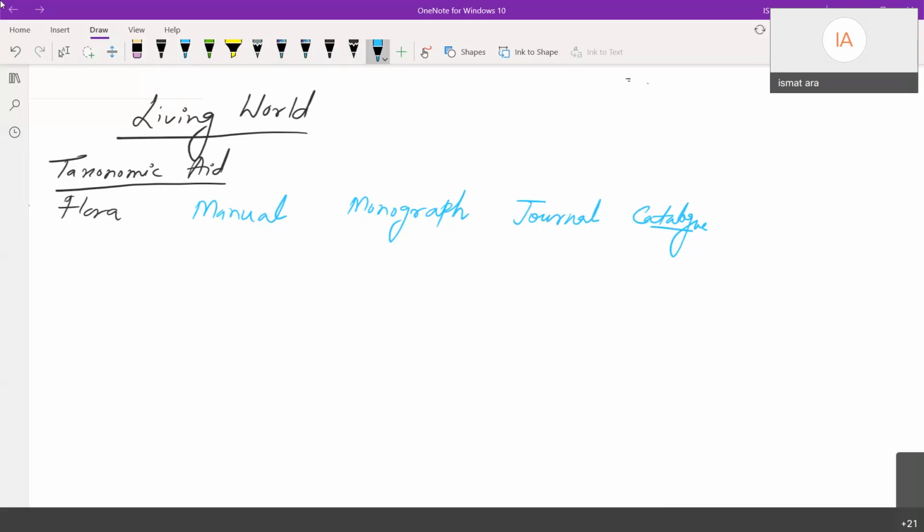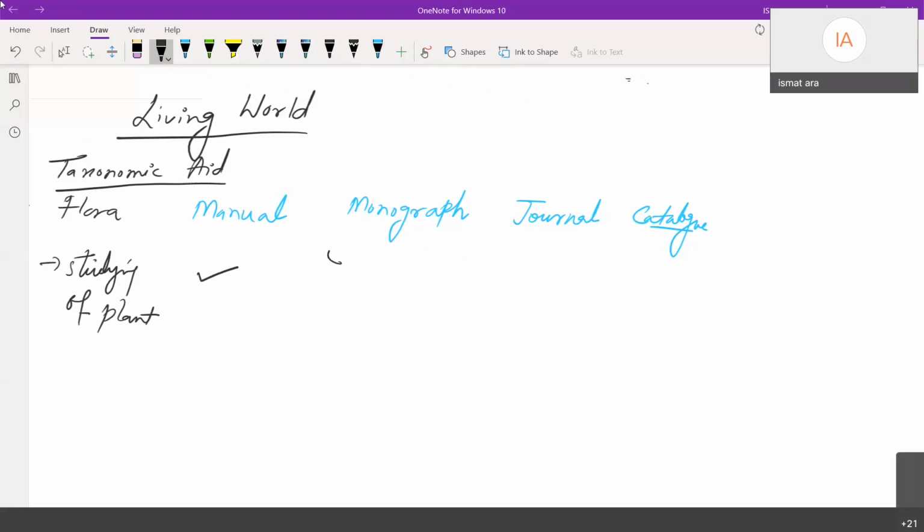Okay, we'll discuss these things in a comparative manner. Flora means studying of plant. Same for manual also.